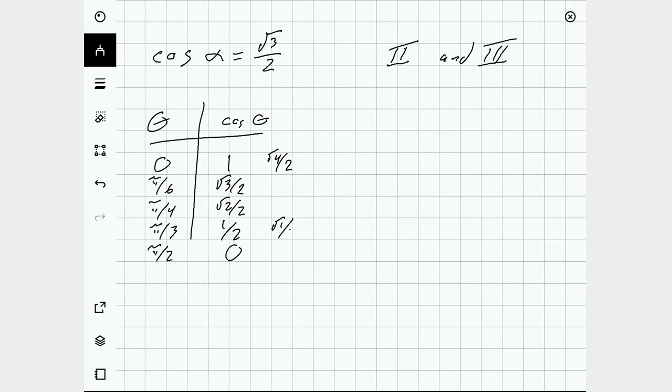Right. 4, 3, 2, 1, 0. Take the square root, divide by 2. Nice, easy way to remember all of that. So to find root 3 over 2, we are looking right here at pi over 6.